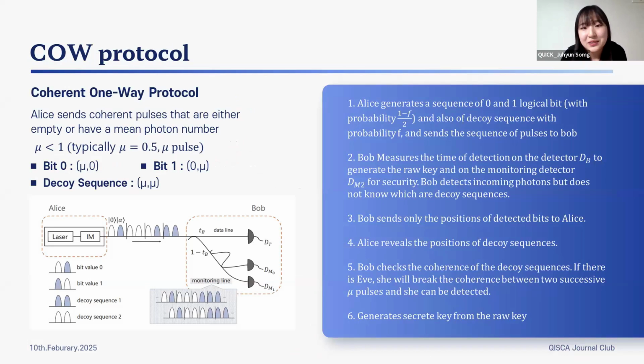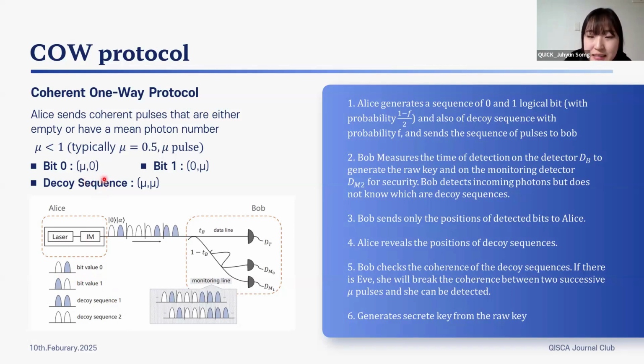Lastly, we're going to look through the coherent one-way protocol. How it works: Alice sends a sequence of pulses, where each logical bit, 0 or 1, is encoded in a pair of pulses. In this protocol, the bit is encoded in the emptiness. So we can see over here, a bit 0 is represented as mu 0.